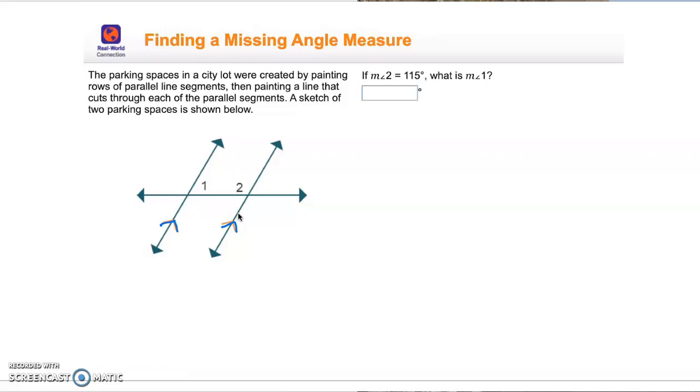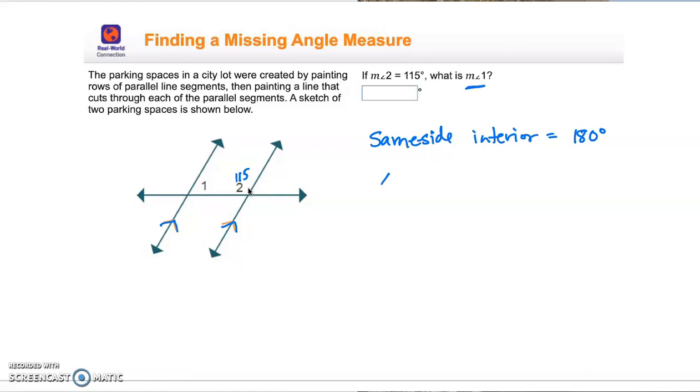So if the measure of angle 2 is equal to 115, what is the measure of angle 1? Well, these are parallel lines, and here's a transversal, so 1 and 2 are same side interior angles. And what do we know about same side interior angles? They add up to equal 180 degrees.